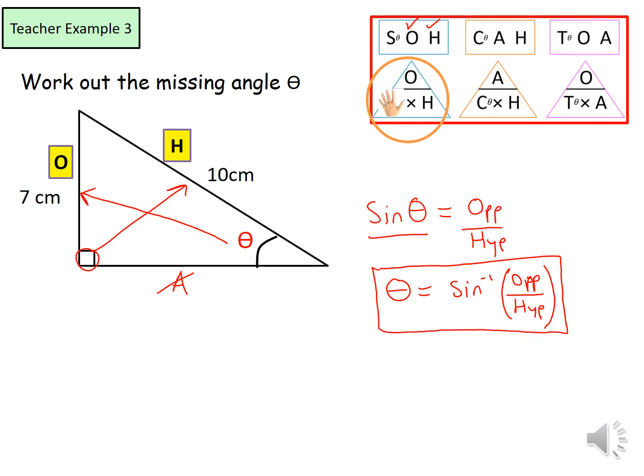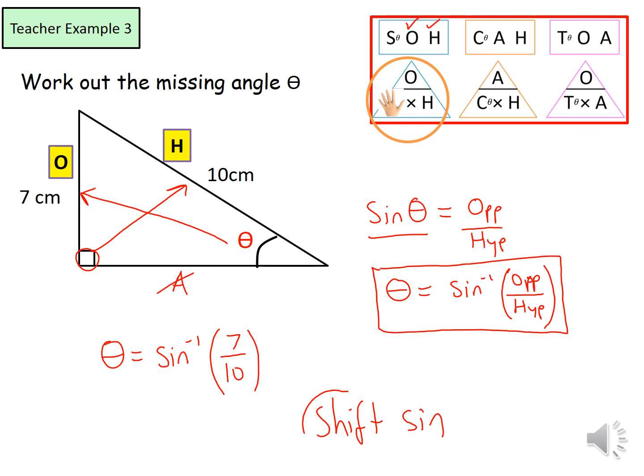Now all you have to do is substitute in your values. Let's write it down here. Angle equals inverse sine, your opposite, which is 7, and your hypotenuse, which is 10, in the calculator. Just to make sure that you remember, when you try to write inverse sine in your calculator, you need to press shift and sine.